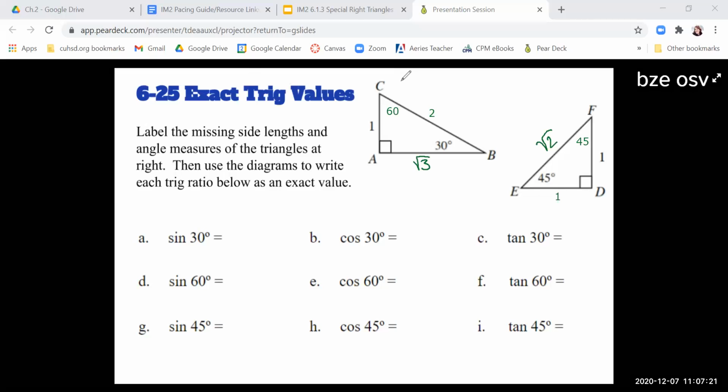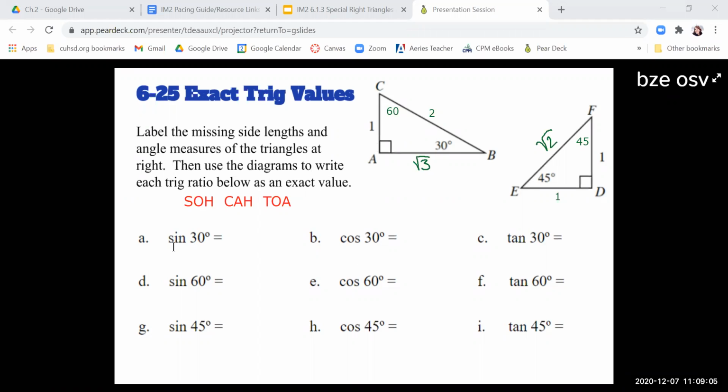So remember that we have this thing that helps us remember the trig ratios: sine is opposite over hypotenuse, cosine is adjacent over hypotenuse, and tangent is opposite over adjacent. So SOHCAHTOA helps us remember which sides to compare for each ratio.